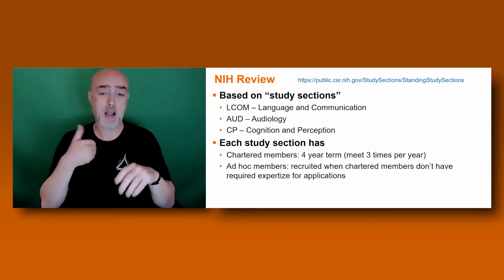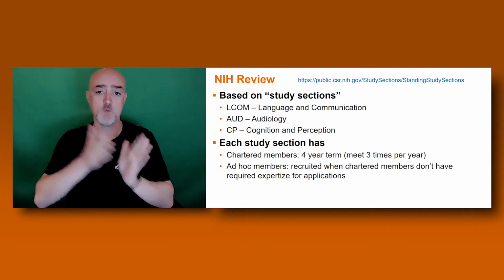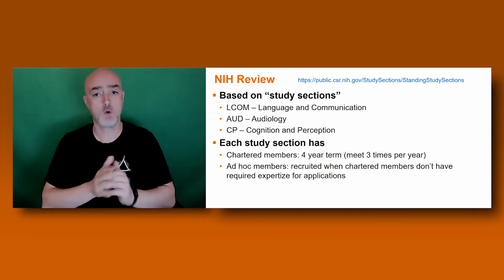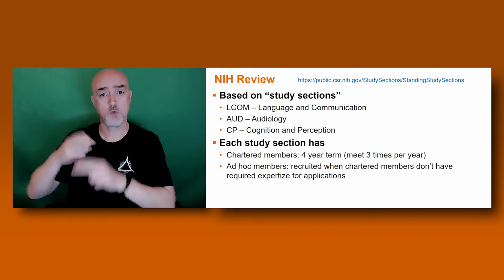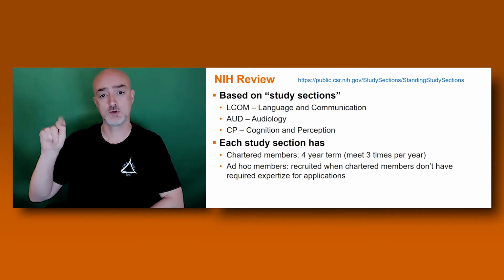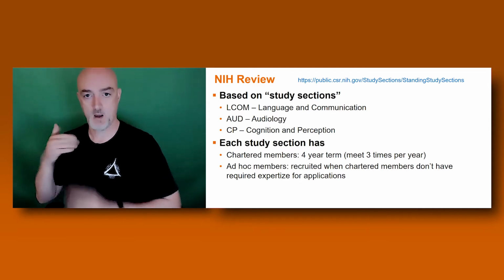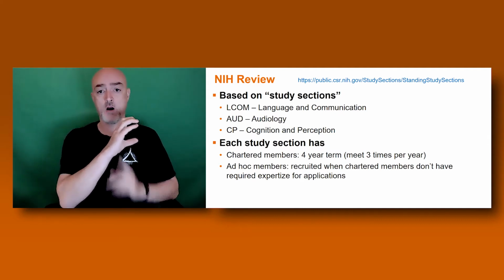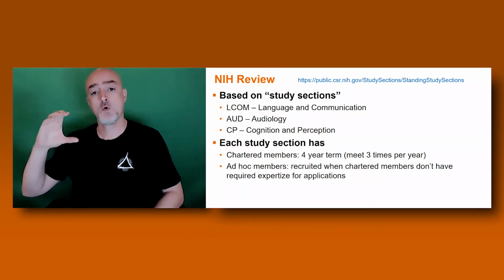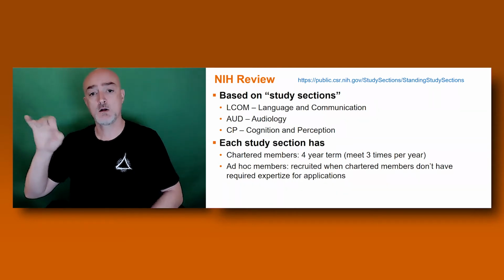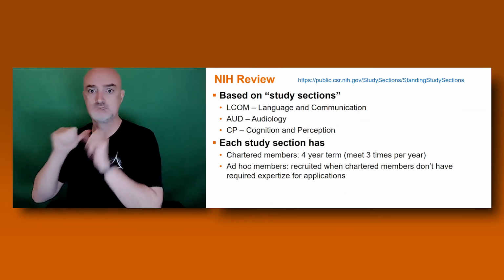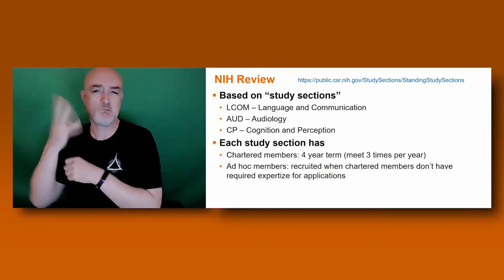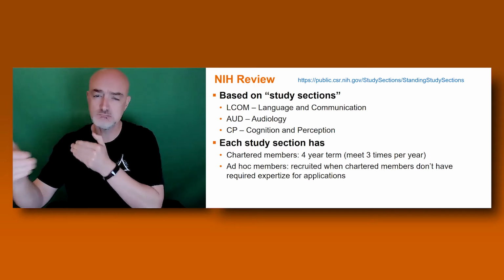Each review panel has a team of individuals that will follow the review process, and there are 2 different kinds of reviewers. The first is called chartered members. The second kind is called ad hoc members. Chartered members are consistent reviewers. They typically do not exit the process, and they'll stay for about a 4-year term.